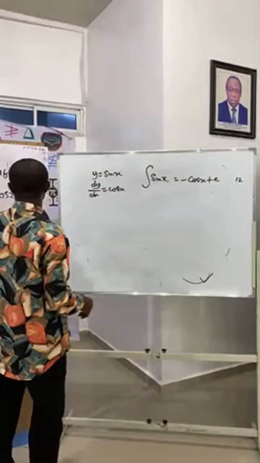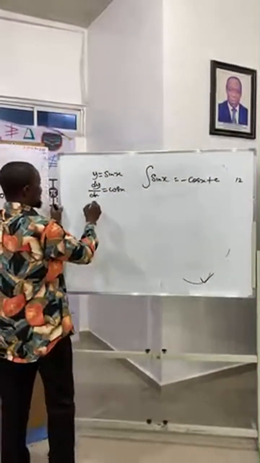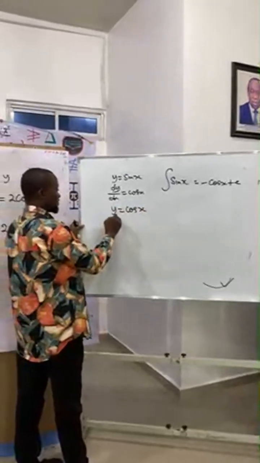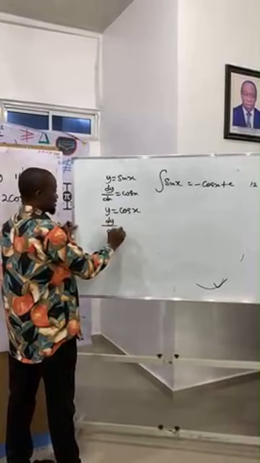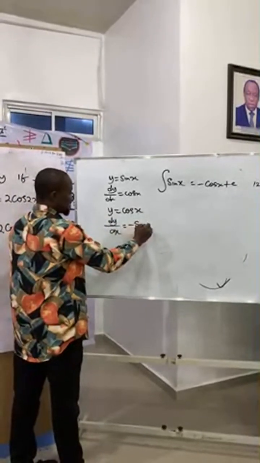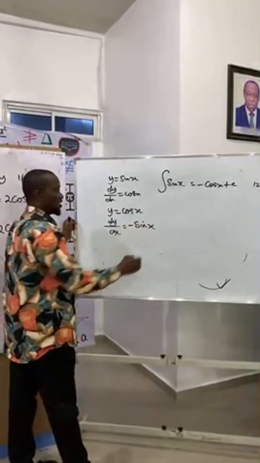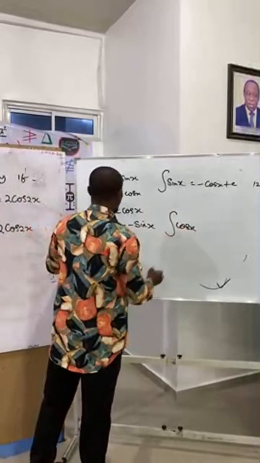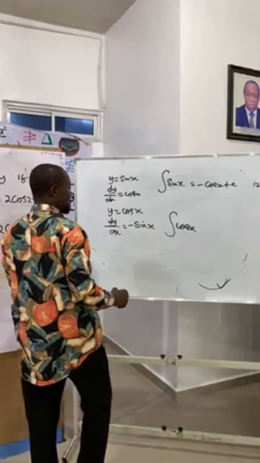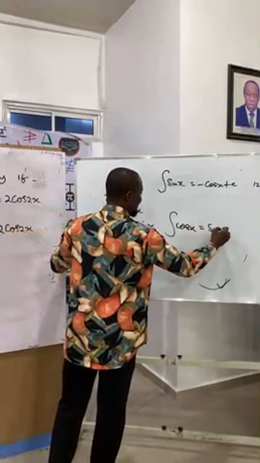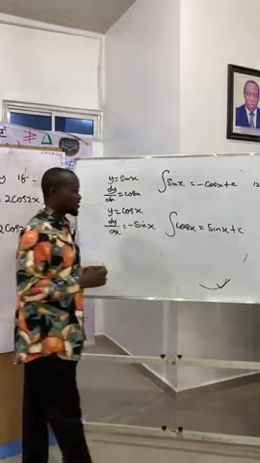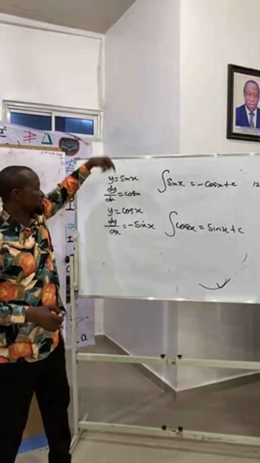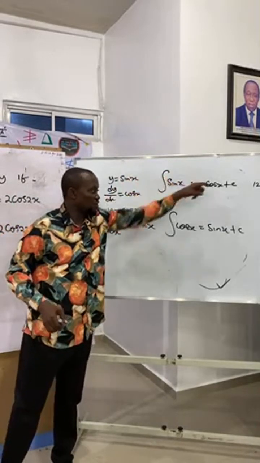If y equals to cos x, dy over dx equals to minus sine x. But if you integrate cos x, the integral of cos x will give you sine x plus c.